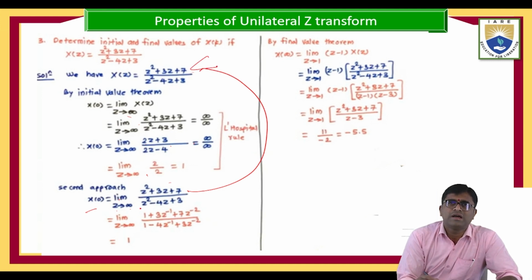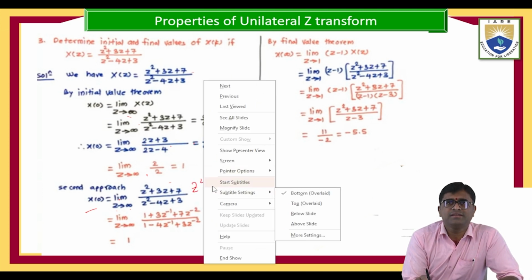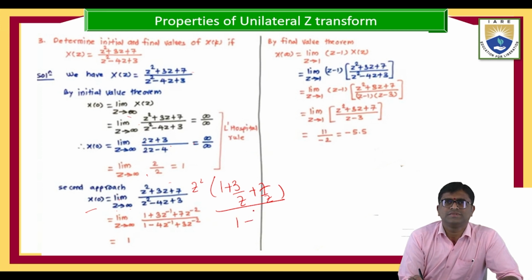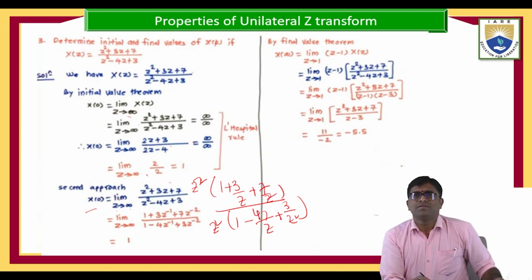Here I take z squared common: in the numerator, z squared times 1 plus 3 by z plus 7 by z squared, and in the denominator, z squared times 1 minus 4 by z plus 8 by z squared.